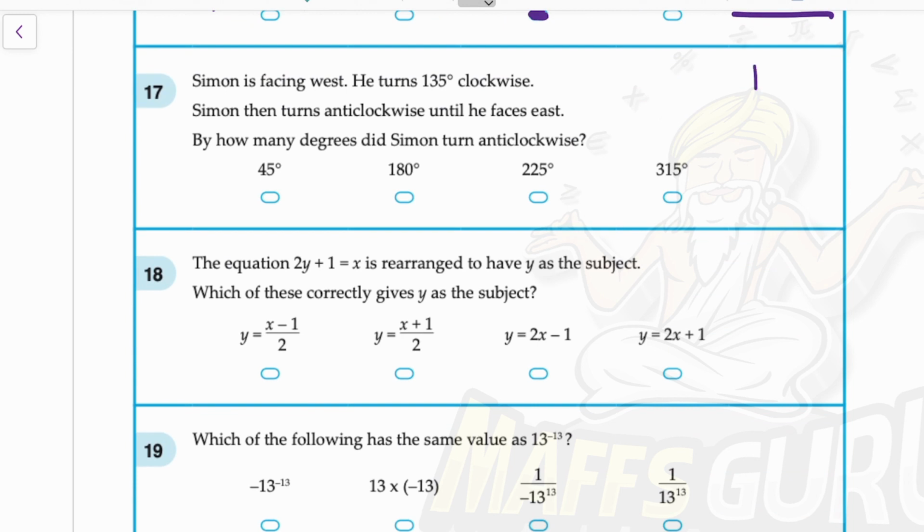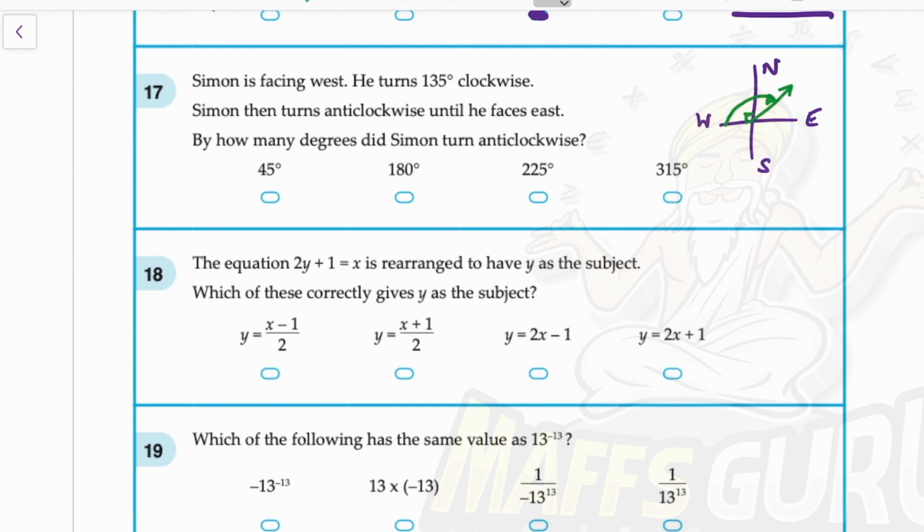Simon is facing west, so let's do my never eat soggy Weetabix. Simon is facing west. He turns 135 degrees clockwise.